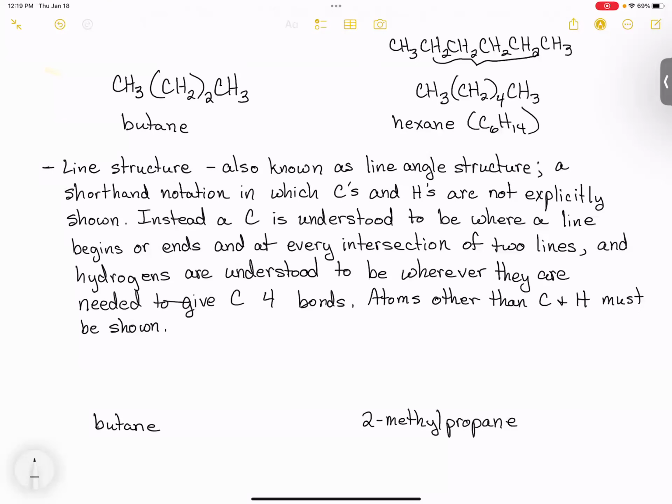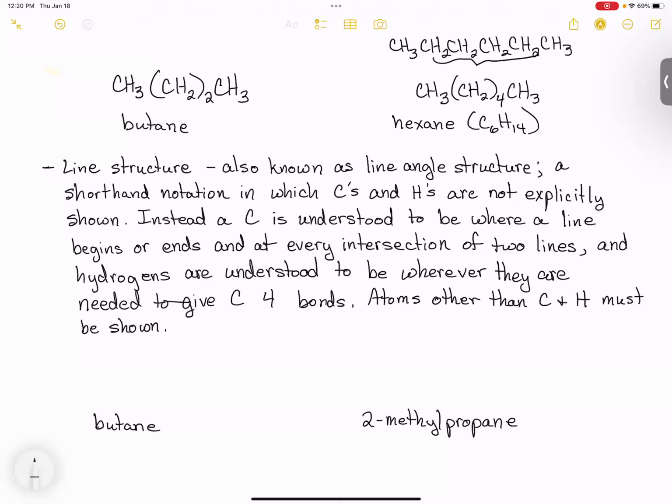Instead, they are understood. A carbon is understood to be at any point where a line begins or ends, and at every intersection of 2 lines. And hydrogens are understood to be wherever they are needed in order to give the carbon 4 bonds. The only things we will show in a line structure are elements that are not carbon and hydrogen.